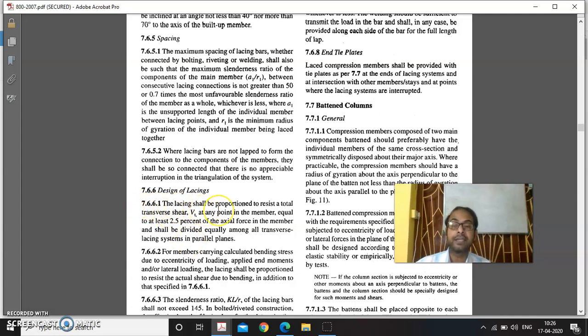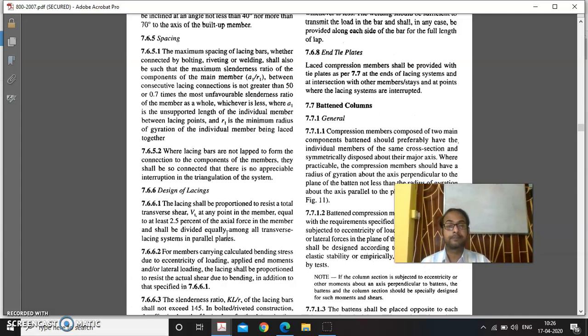The lacing shall be proportioned to resist a total transverse shear Vt at any point of the member equal to at least 2.5% of the axial force in the member and shall be divided equally among all transverse lacing systems in parallel sides. We have already divided the force in the parallel sides. It is divided by 2.